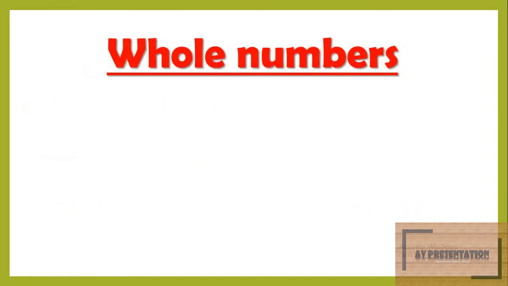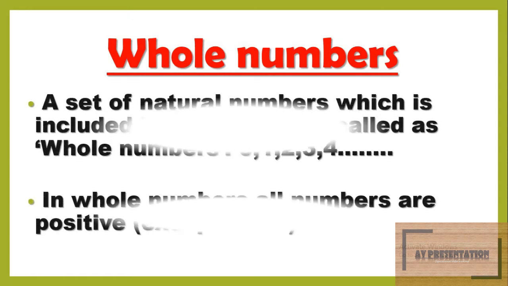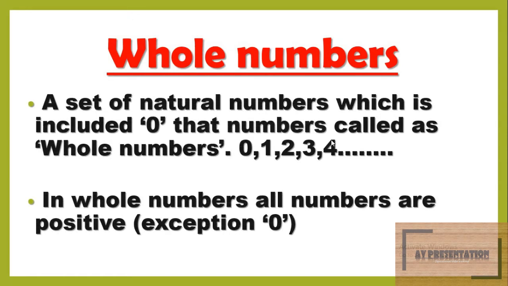The next point is whole numbers. Whole numbers mean a set of natural numbers which also includes 0. Whole numbers start from 0, 1, 2, 3, 4 infinitely. In whole numbers, all numbers are positive except 0.